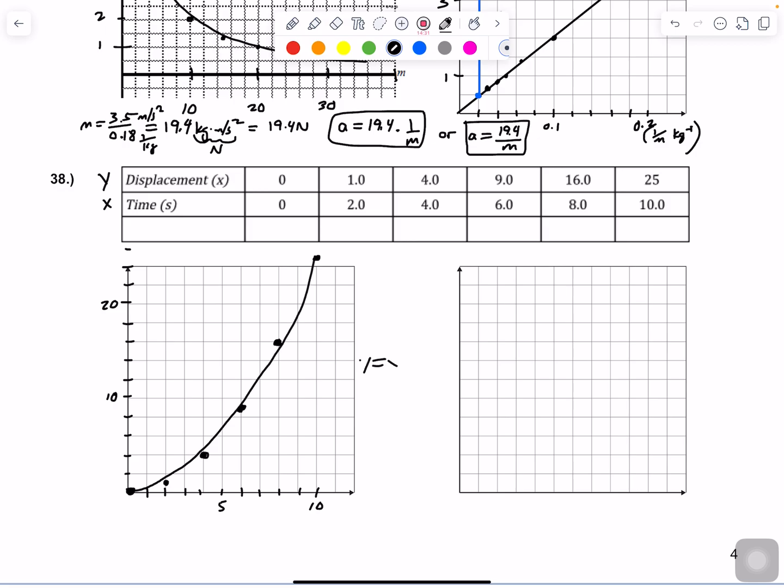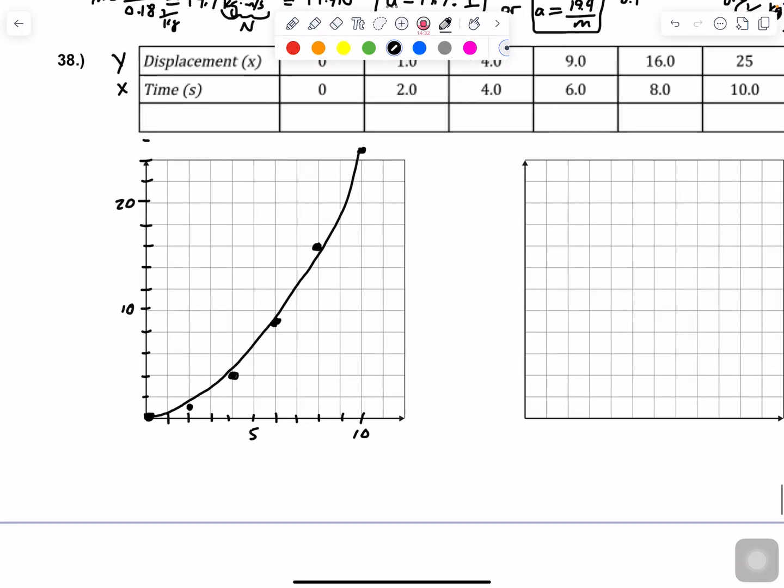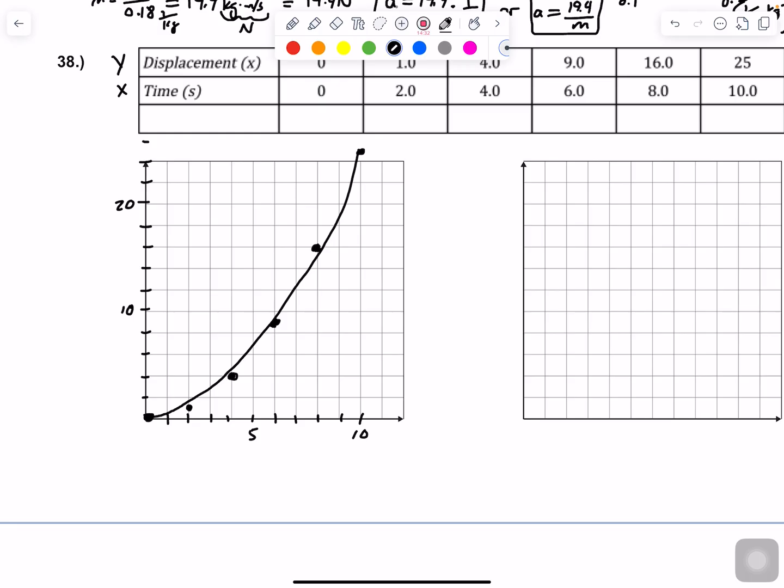That's your squared model. Okay, y equals x squared. But it's not linear, so we need to linearize it. So we're going to start with this. So basically, x, which is this variable, equals, since we're starting with no initial speed, and we can see that because the slope of a position time graph is velocity.